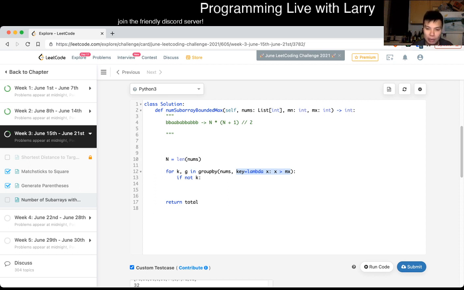Because here we choose the key to be greater than mx, we group together all adjacent elements where it is smaller than the maximum or equal to. So that's why I chose if not, then we do this thing where, let's just do count subarray.